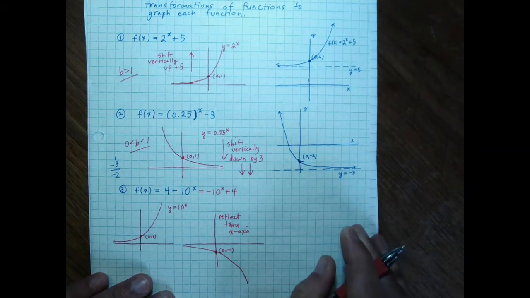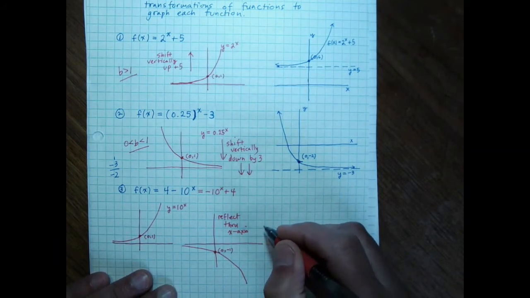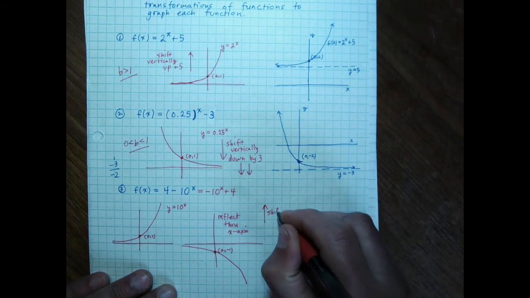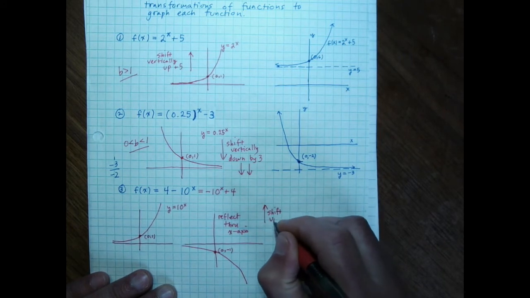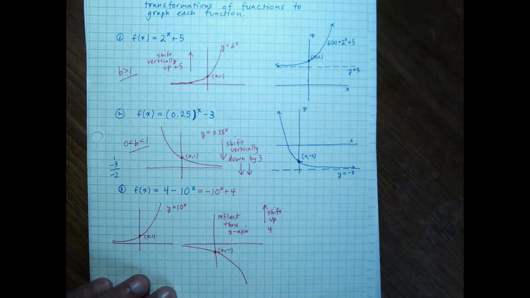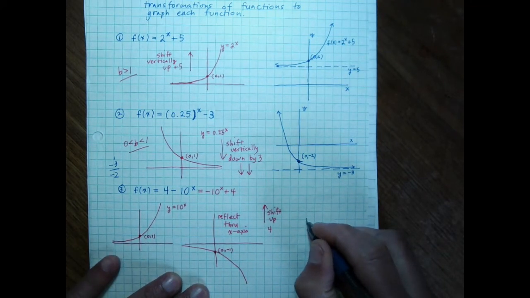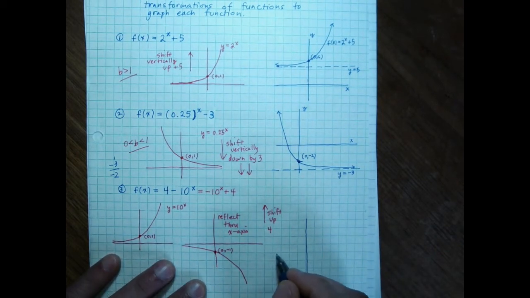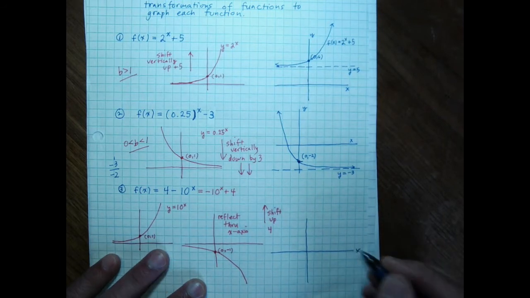and then we also got to shift up 4 to get my final graph. So we do a reflection and then a shift upward. If you can do this all at once, it's fine, but I've broken it down into a couple steps.